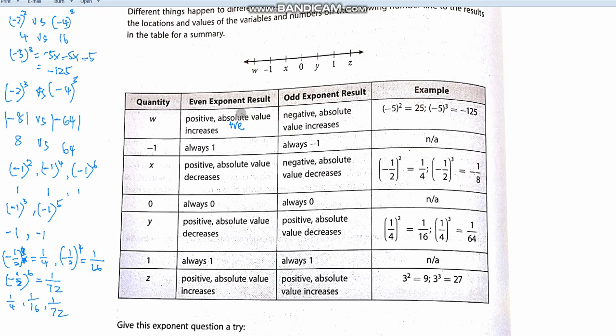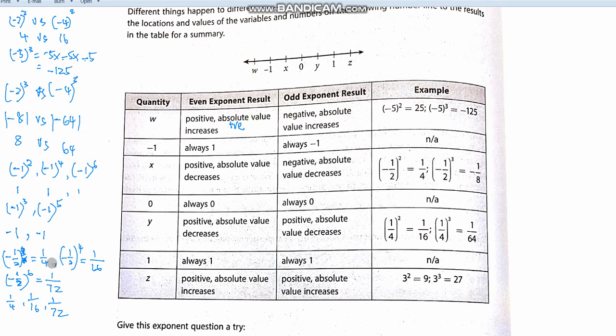Similarly, if you take an odd exponent, what happens? You will notice that you always have a negative. If you have a 3 or a 5, you will have a negative value. And because it's a reciprocal, every time you increase the power and multiply, it becomes smaller.